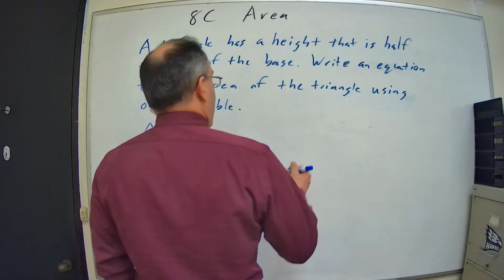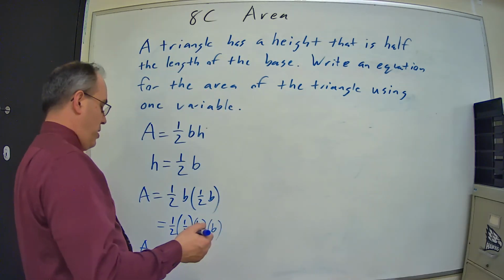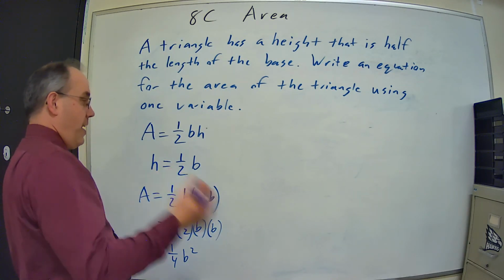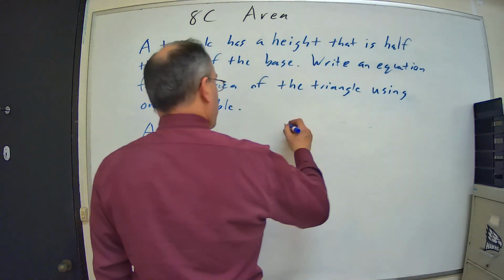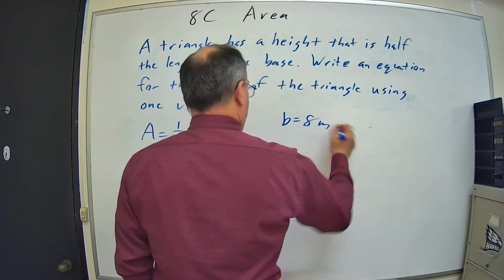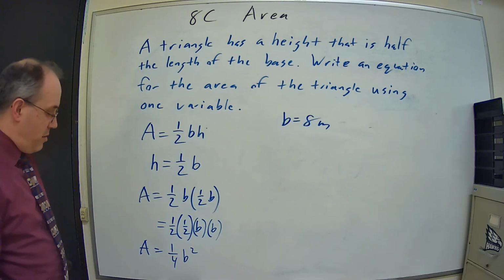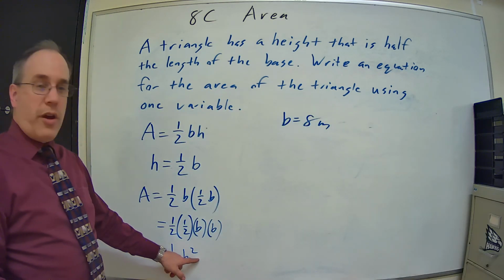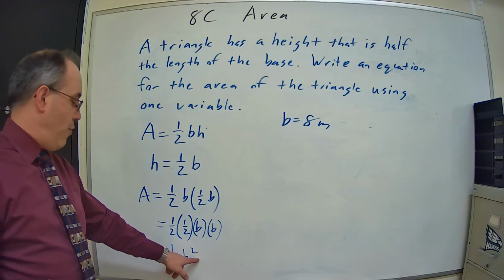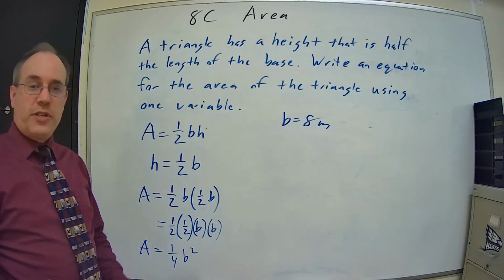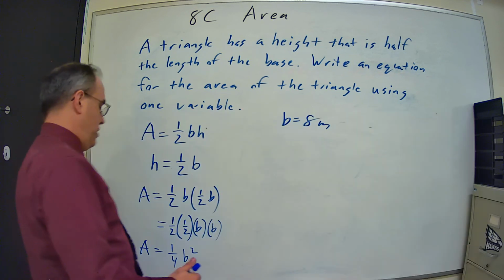So if I say that the base of this triangle is 8 meters, b is equal to 8 meters, and we want to find the area, 8 squared is 64. 1/4 of 64 is 16.